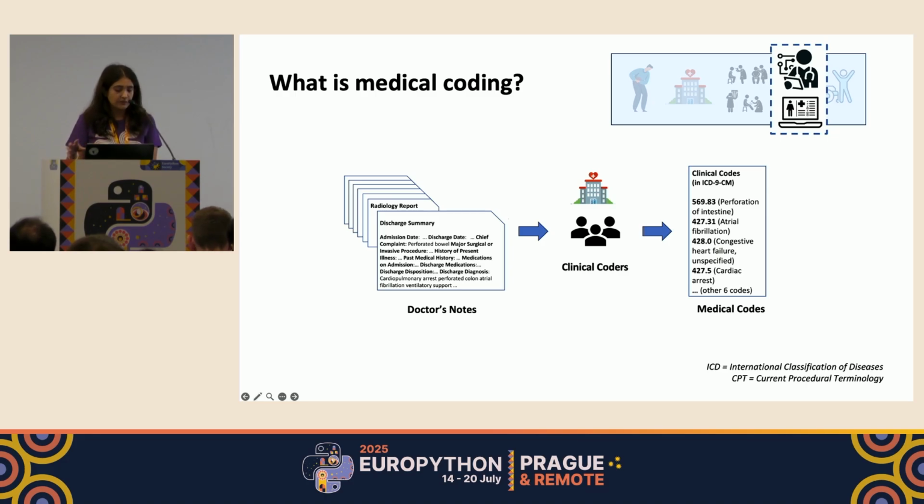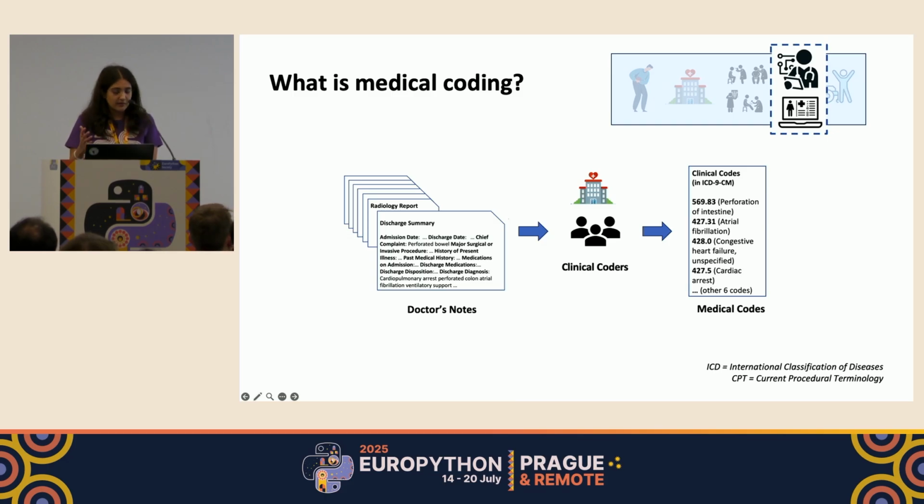So today, the US follows ICD guidelines. The code that you see on the screen here on the right is basically a set of clinical codes. For example, 569.83 is a code for perforation of intestines, and there are similar codes like that. ICD is basically a set of codes that are used for diagnosis, and CPT is a set of codes that are used for procedures normally conducted.